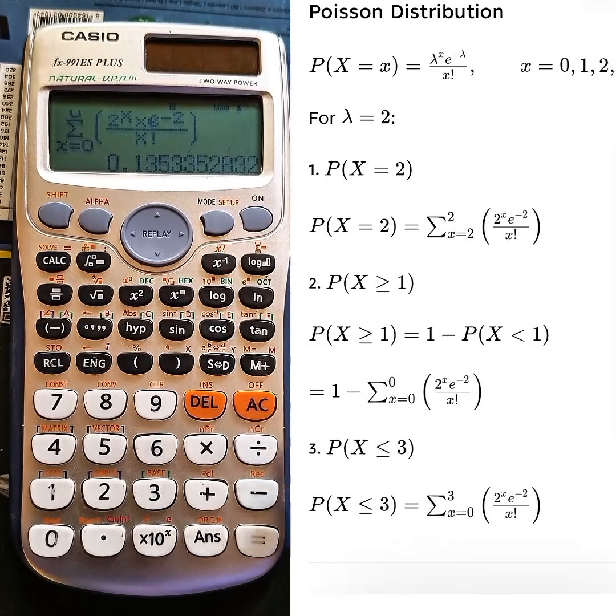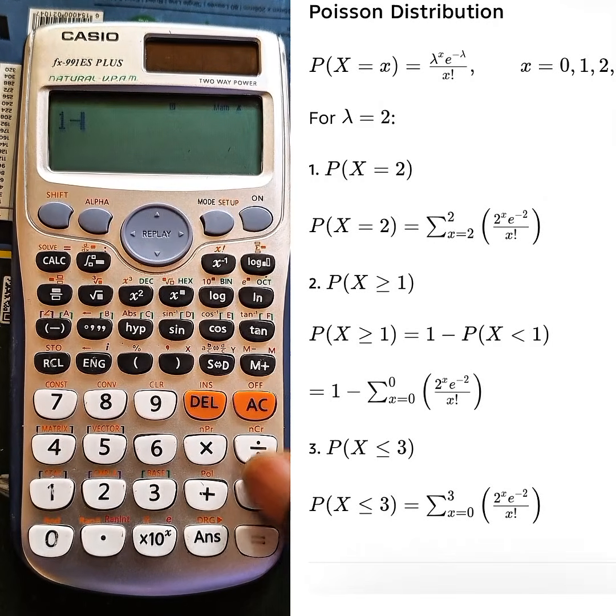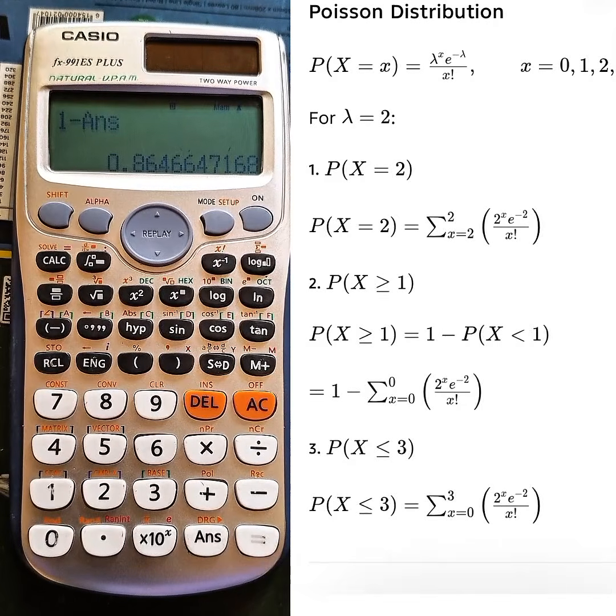So we press 1 minus the answer we have gotten, and that gives us 0.864. If you approximate this, you get 0.865.